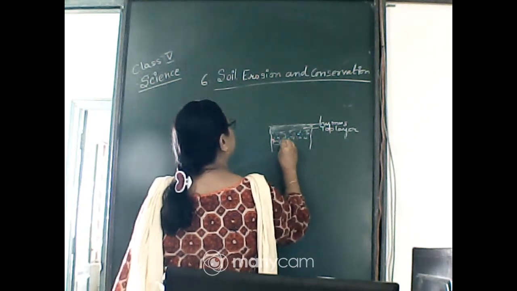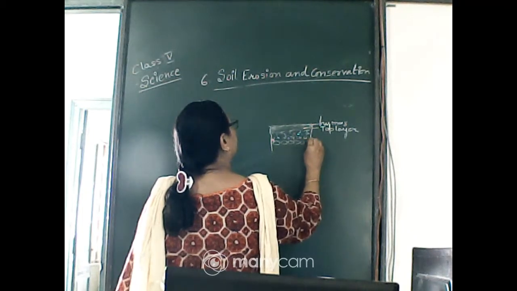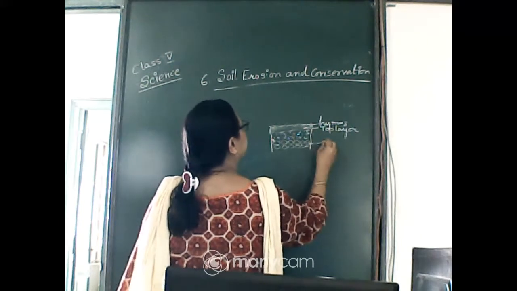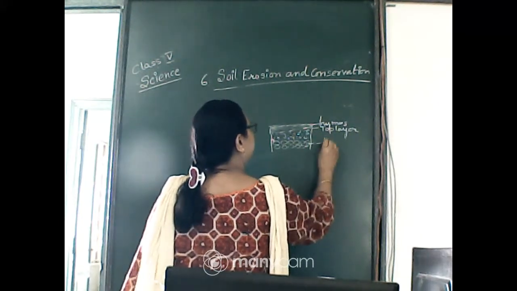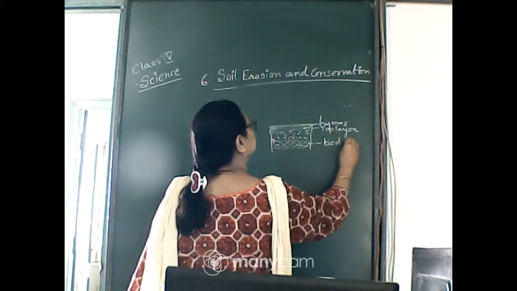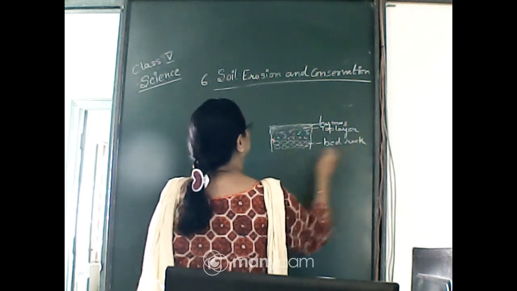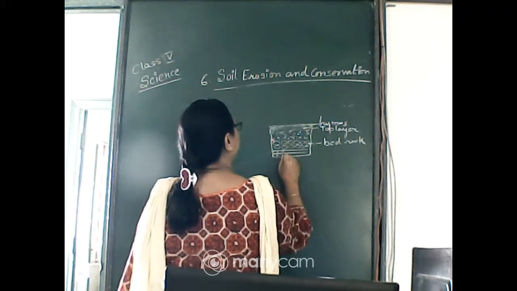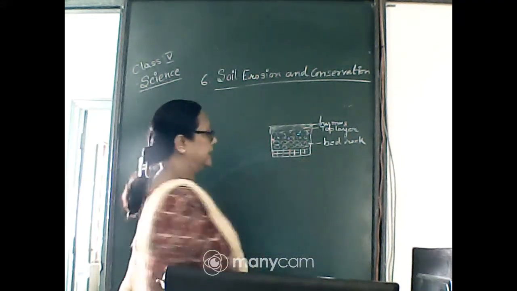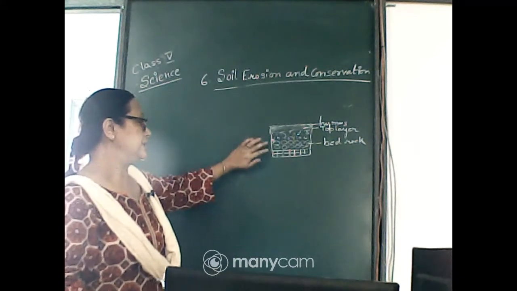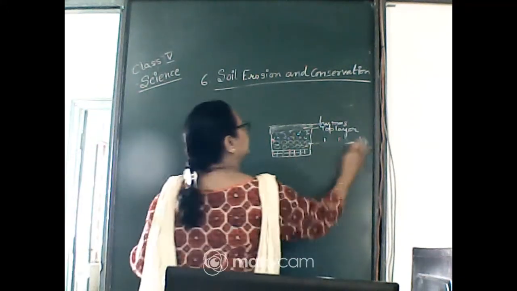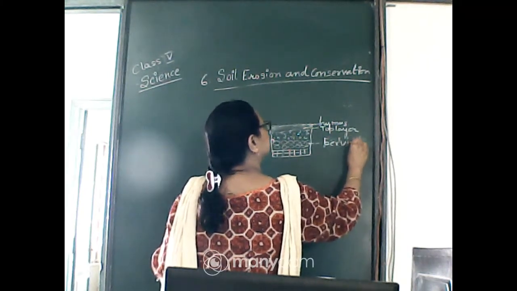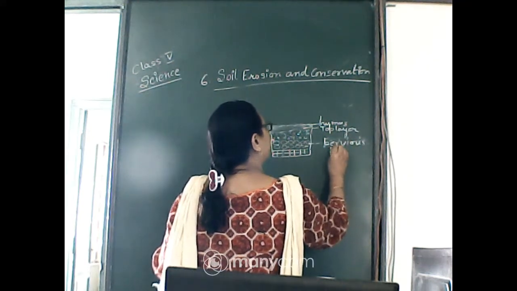Then the aquifer layer, or you can say the stone layers or the bedrock. And the last one is the impervious layer, from which water cannot go inside. So this is the impervious layer and this one is the pervious or porous layer.